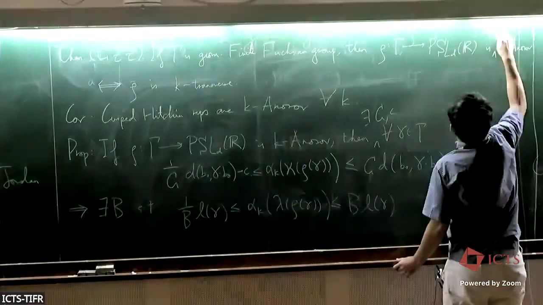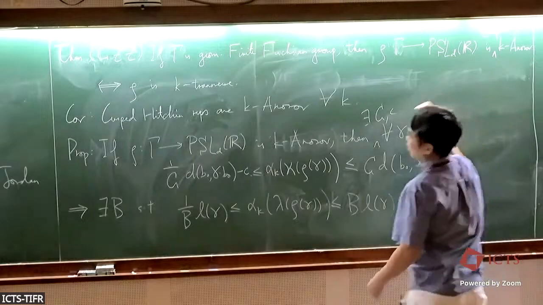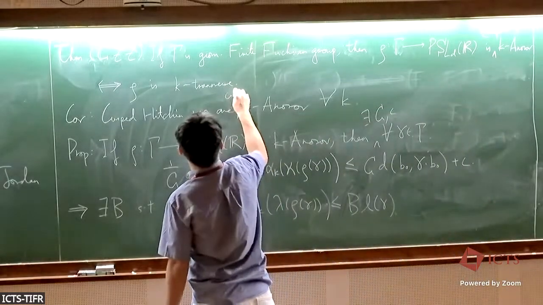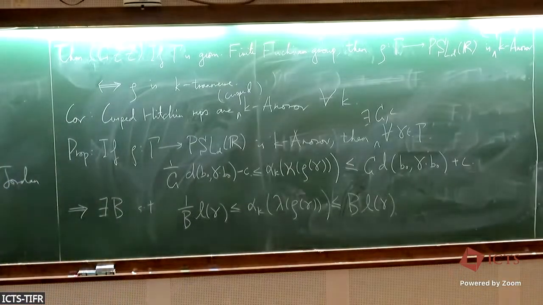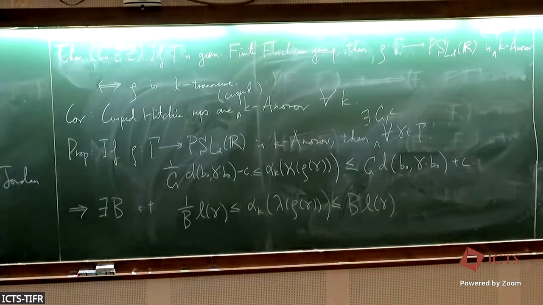Did I say cast? What did I call it? K Anosov? Yeah, I just said K Anosov. So maybe I should say cast K Anosov to distinguish that from just regular K Anosov representations that people are familiar with. So the cast meaning that, Anosov representations were defined by Labourie in the setting where gamma is a co-compact lattice.